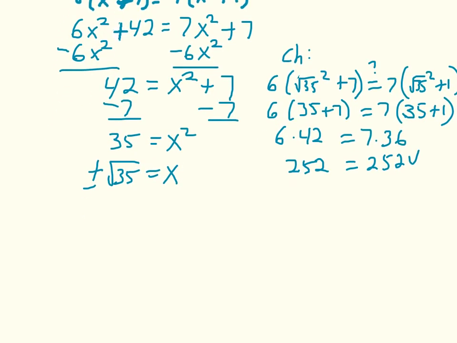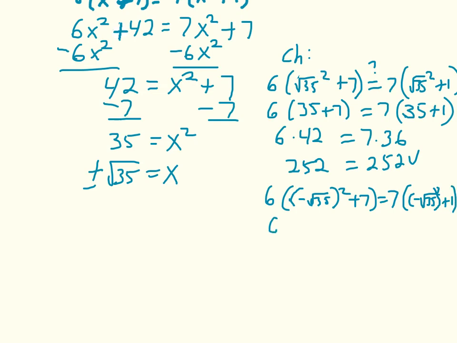We're going to check the negative solution. So we've got 6 times, and this is where I'm going to use parentheses again, negative root 35 squared plus 7. Does that equal 7 times negative root 35 squared plus 1?